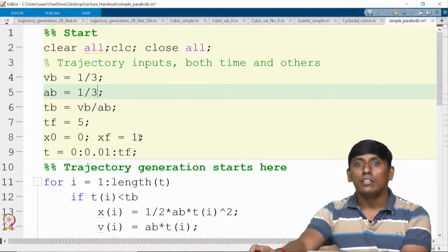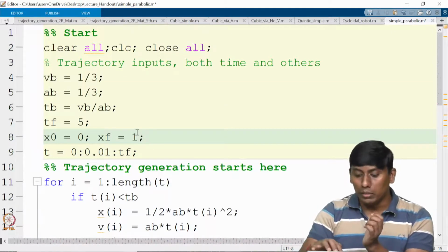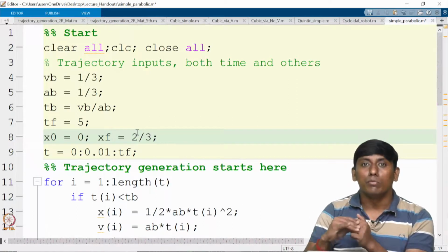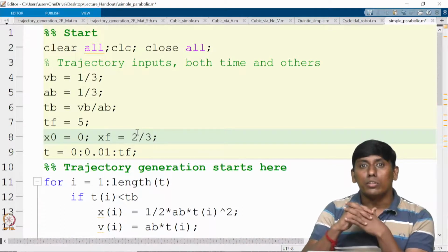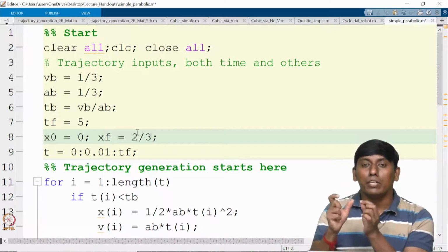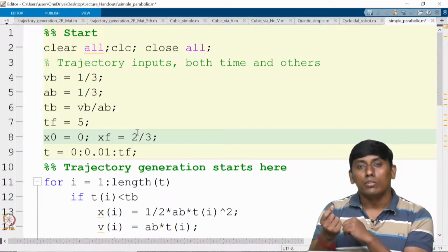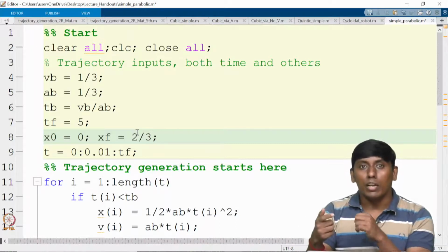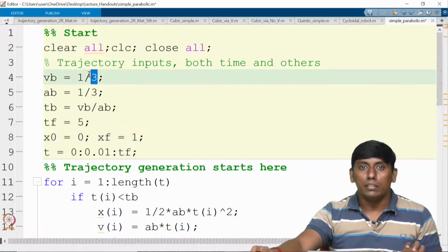So in that sense, what would be the XF? XF would be 2/3. So that multiplication would come, or you can make it the other way around. This particular proportion you would be adding, so we will keep this as it is.